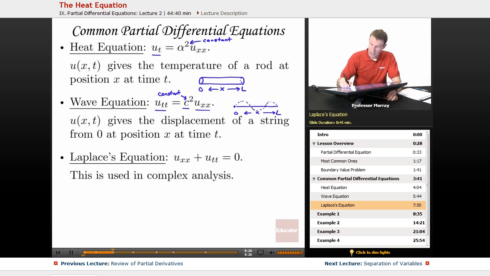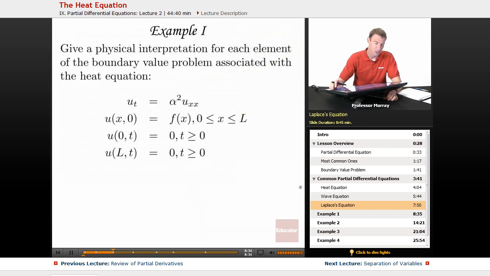So let's see how the initial conditions and boundary conditions affect the physical situation here. Let's jump into some examples. The first example just says, give us a physical interpretation for each element of the boundary value problem associated with the heat equation. What we have here is a partial differential equation and then several boundary and initial conditions.